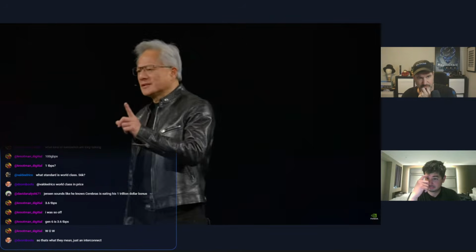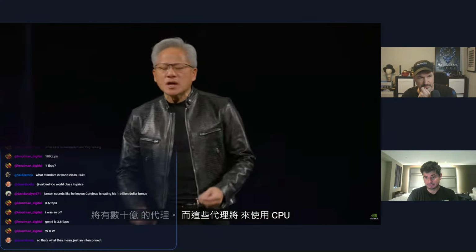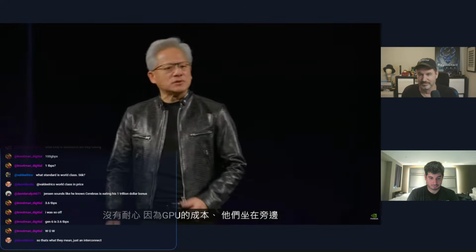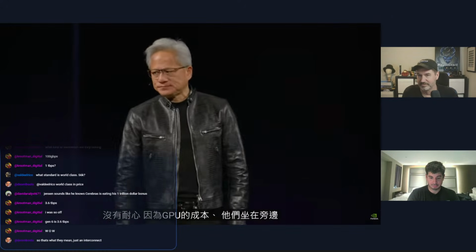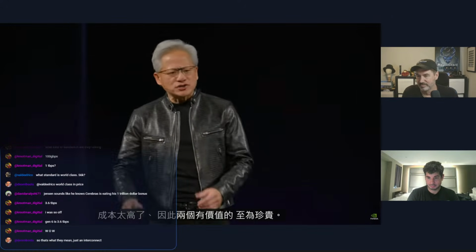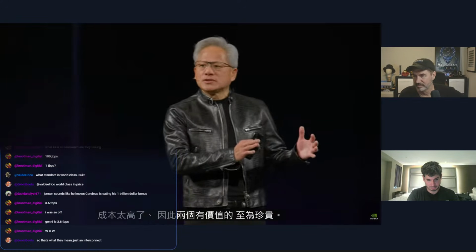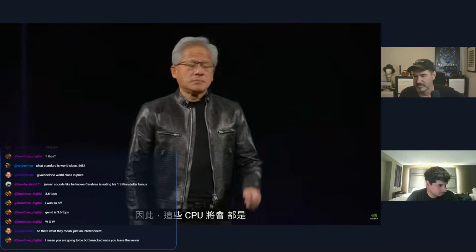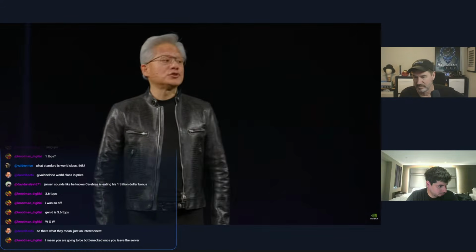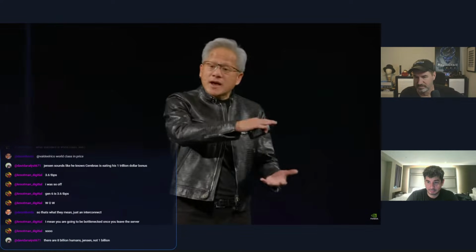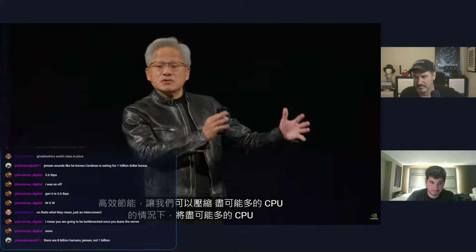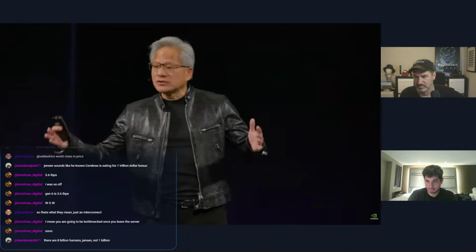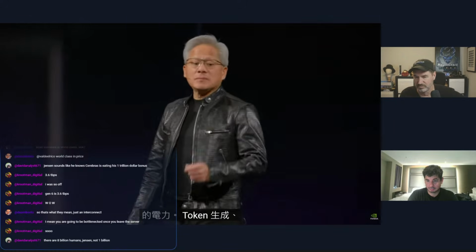And these agents are going to be using the CPUs with very little patience because the cost of the GPU they sit next to is too high, and therefore too valuable, too precious. Therefore, these CPUs are going to be both performant, but they also have to be extremely energy efficient so that we can cram as much CPU as we can into the factory without taking away power from the token generation, which we know is how we make money.